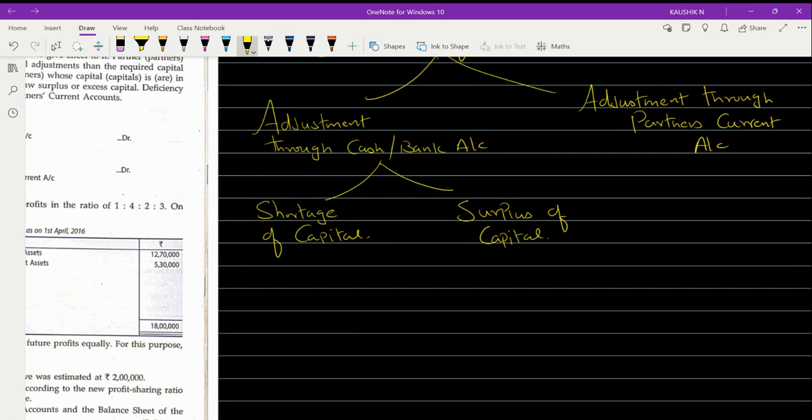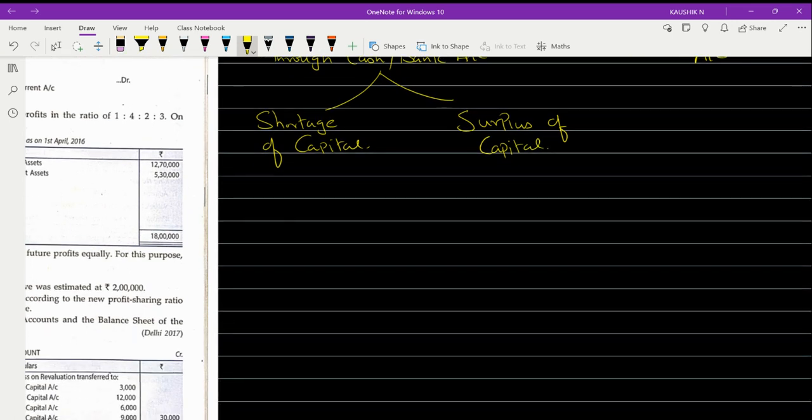Usually when we have a shortage in the capital, we have to bring further capital. That is the treatment for it. Here you have to bring the required capital, and in case of surplus, withdraw the excess capital.